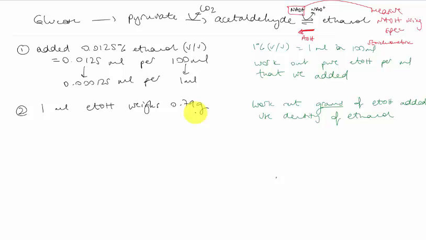So let's work out the grams per mil of our starting solution. So this is 8,000 times less. 0.000125 is 8,000 times smaller volume than 1 mil, so it would be 8,000 smaller number of grams.